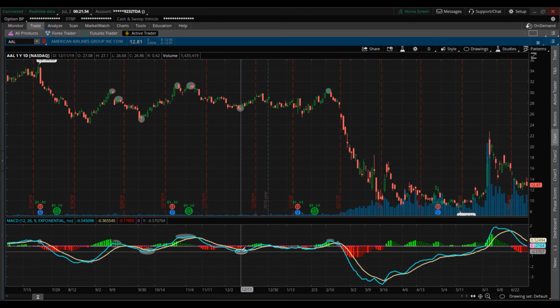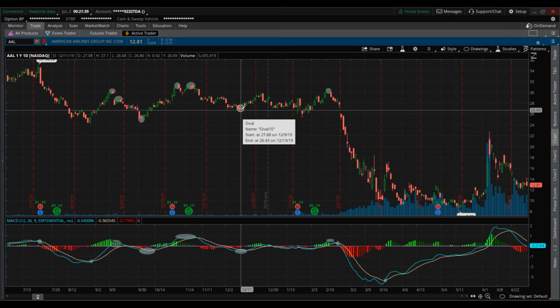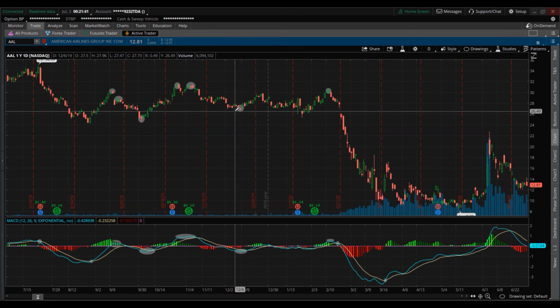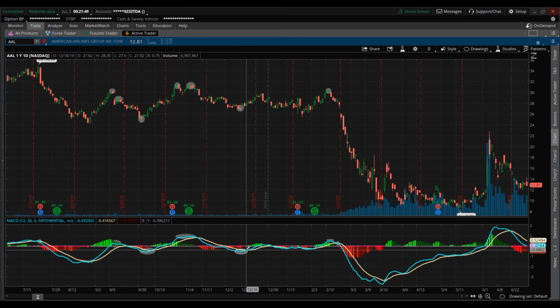Likewise, in this valley, right directly on top of it, smack dab in the center, there is a bottom and then a short upward momentum right here. And right behind the valley, soon after, is a bullish crossover.